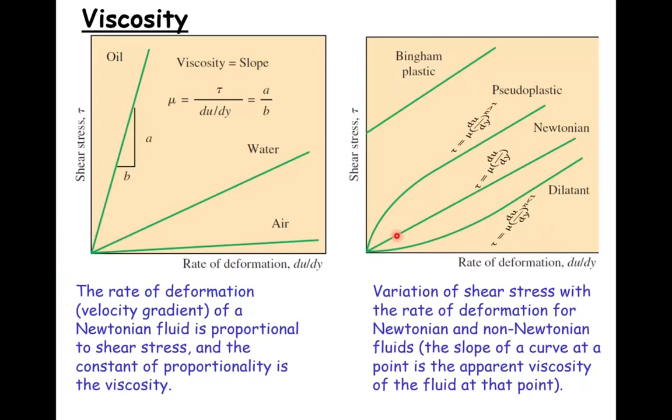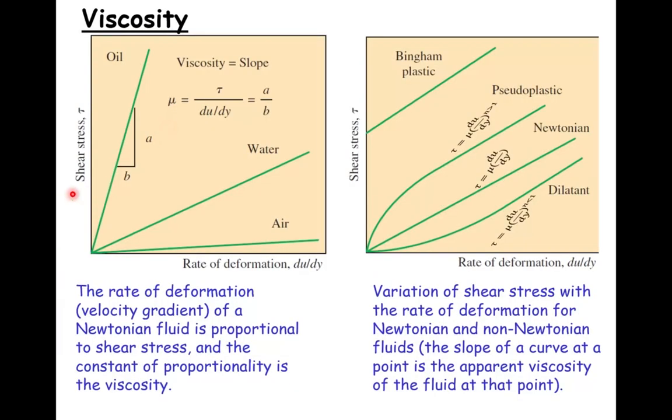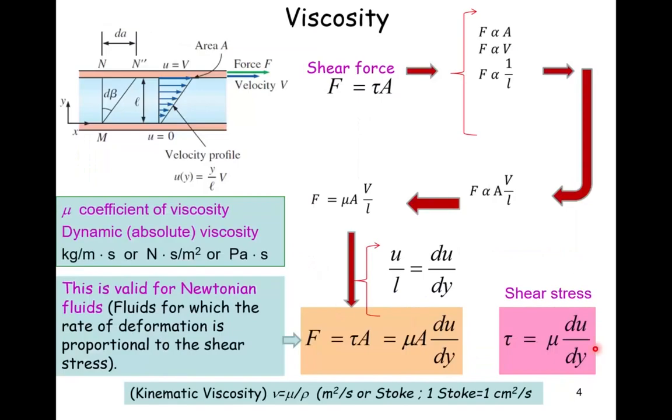Now, if we go back to the previous slide, we want to see how the shear stress changes versus the rate of deformation. This is the rate of deformation, and this is the shear stress.